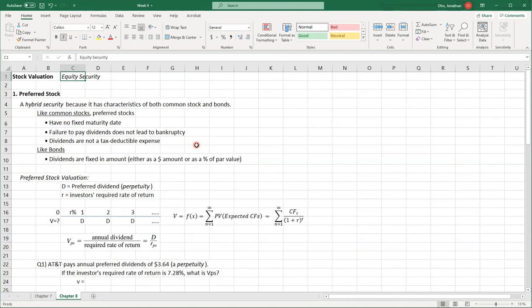That's why it's an equity security. This stock is not borrowing. The corporation sells the company's equity for ownership to investors. That's why it is called an equity security.